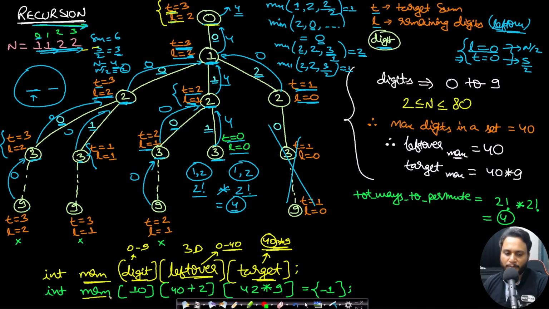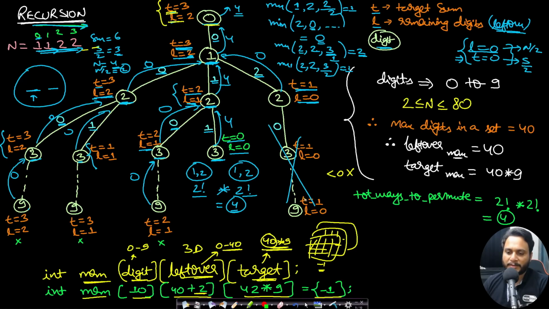So I will be taking a memoization table of size 10, 40 plus 2. This plus 2 is for my own safety, okay? And this target also has 42 times 9. And assign all these values. This is a 3-dimensional table, right? So I'm not drawing it, it will be difficult for me to draw. All these will be filled with the value -1. Why -1? Because the count value cannot go below 0.